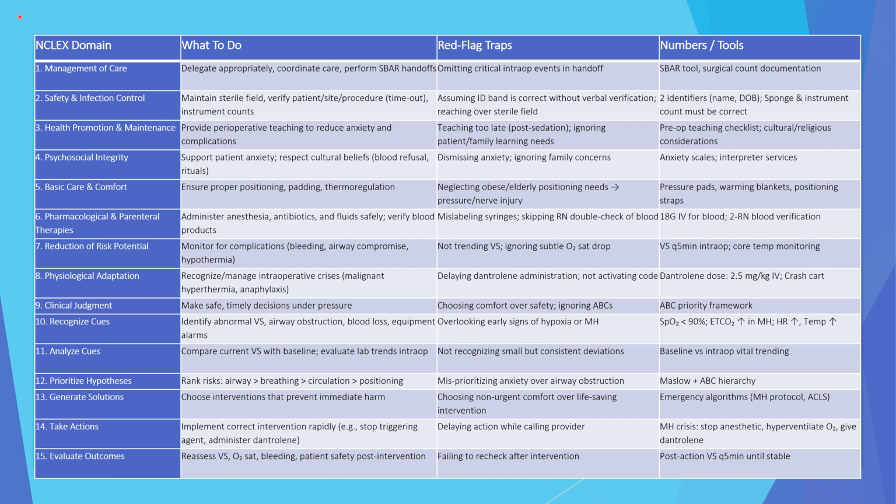And then let's see, clinical judgment, make safe, timely decisions under pressure. The more detail you think about and you do, then the experience will help you, and you're gonna have a brain muscle, and take action. We implement the correct intervention very fast, right?